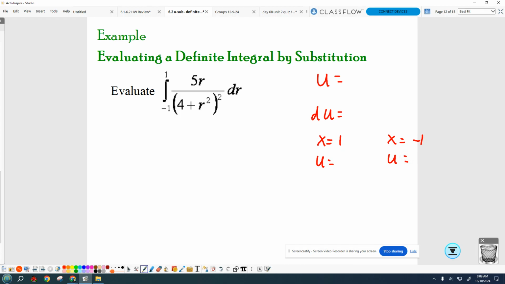So, one person, 2 persons are choosing 4 plus x squared as the U value?